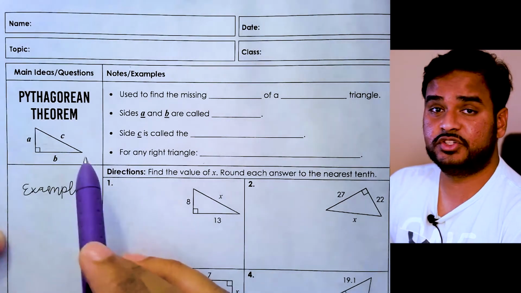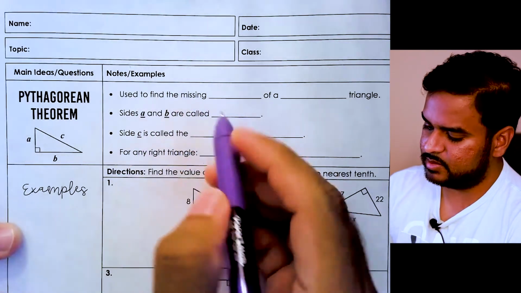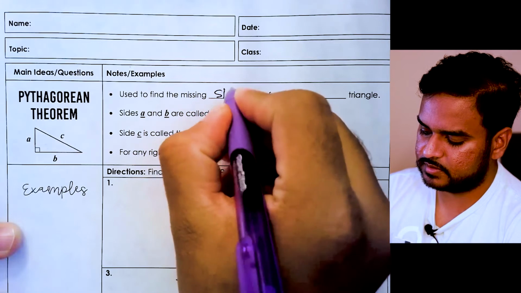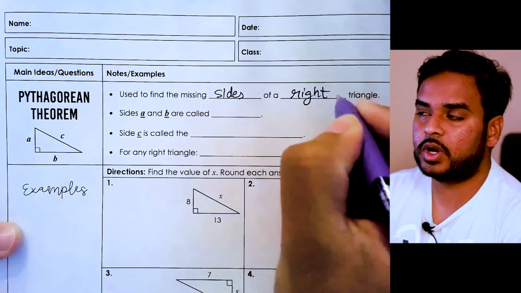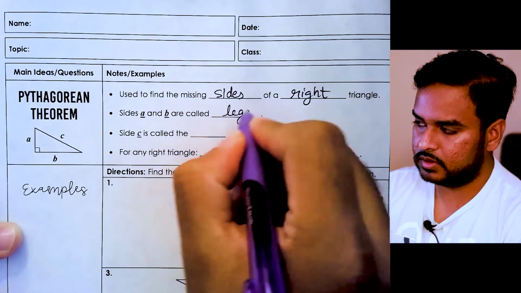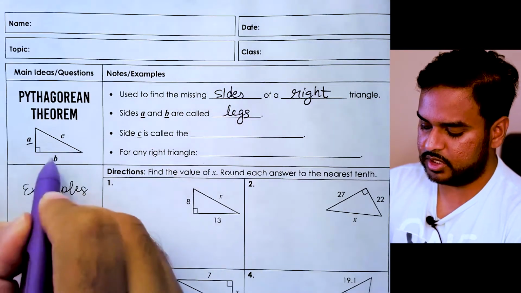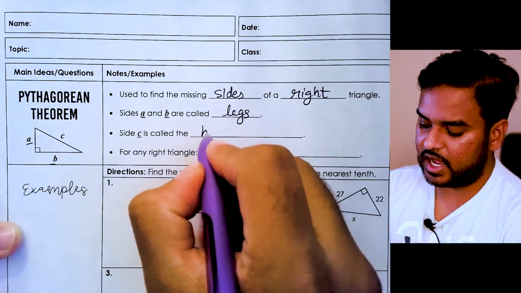The Pythagorean theorem has to do with right triangles, and it is used to find missing sides of a right triangle. Sides A and B are called legs. Side C is called the hypotenuse.